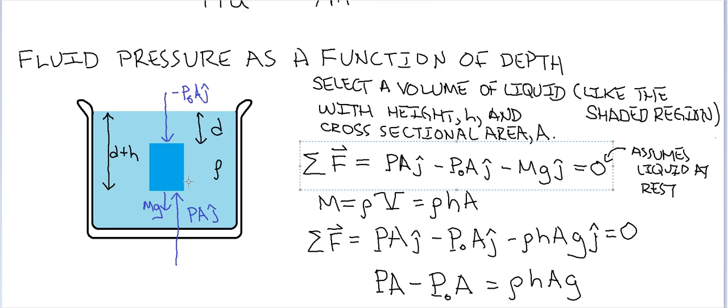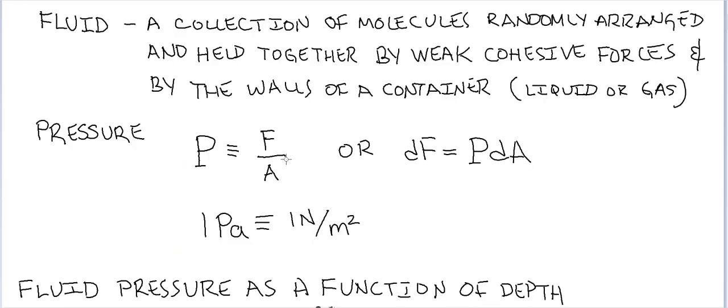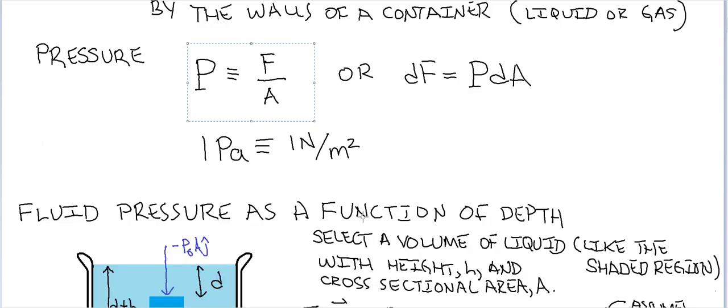of liquid. Now, I want to be careful here and tell you that pressure is not a force, but since pressure is the force per area, you can get to a force related to the pressure acting across some area, right?